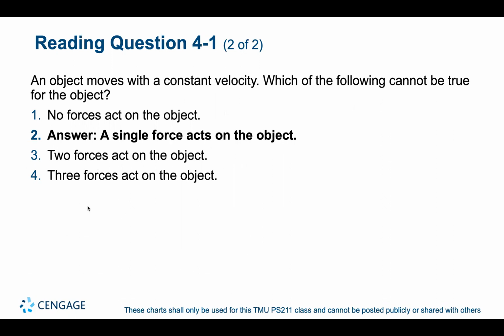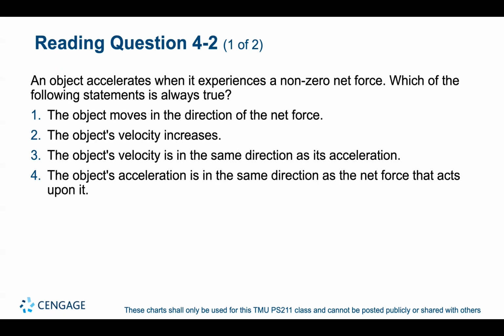If it's moving with a constant velocity, you typically have a variety of different things acting upon that object. For example, gravity is going in the opposite direction. Those are some of the things that you can be thinking about for that question.